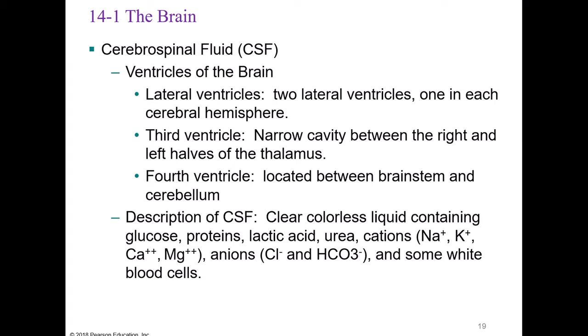There could be some white blood cells, which would be normal. A lot of white blood cells would indicate some type of infection, maybe like meningitis. We don't want to see red blood cells at all. That would be a sign that a blood vessel maybe has ruptured, as in an aneurysm, or somebody has had a stroke. So those are the normal constituents of the cerebrospinal fluid.